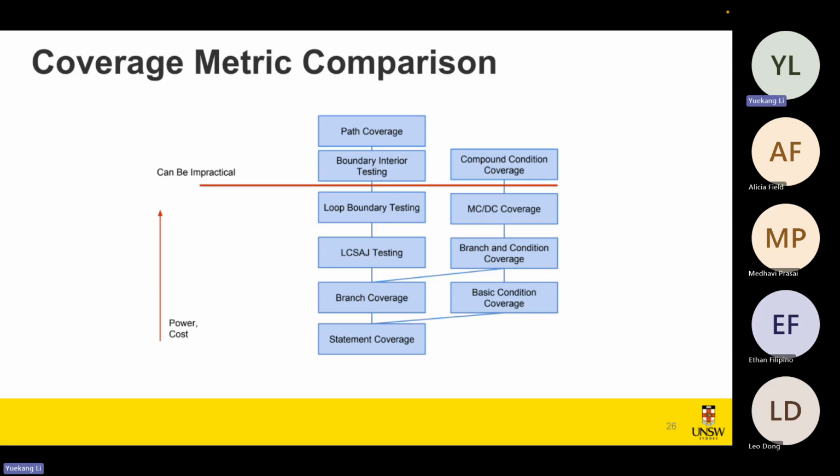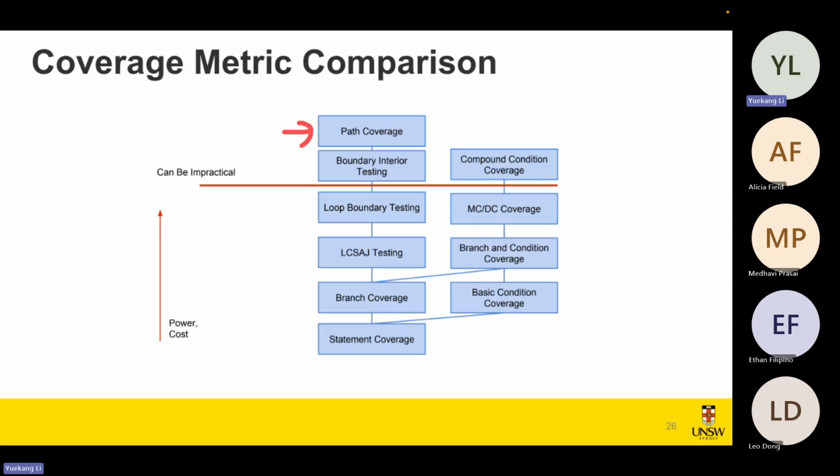And now, since we have learned all these different metrics, let's try to compare them. For path coverage, we know that it is often infeasible, right? It is impossible because of the path explosion problem.